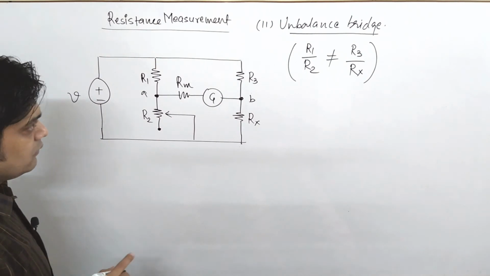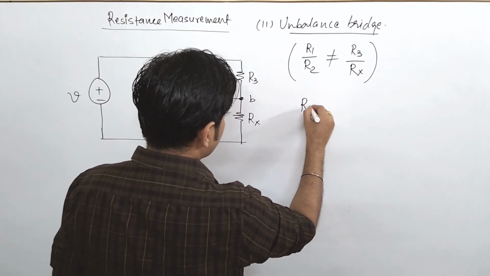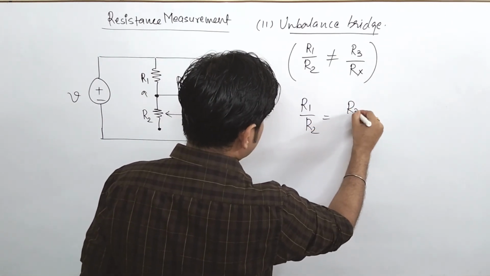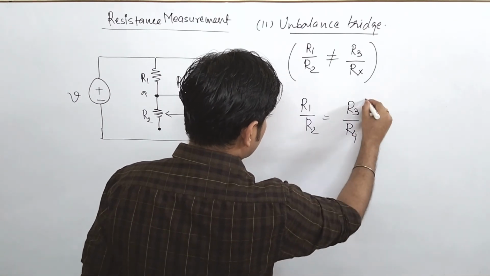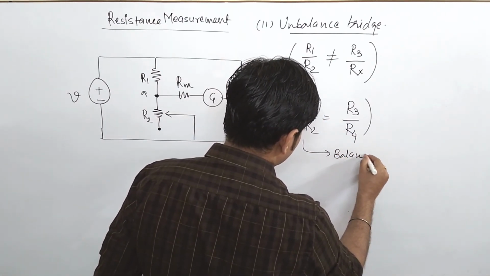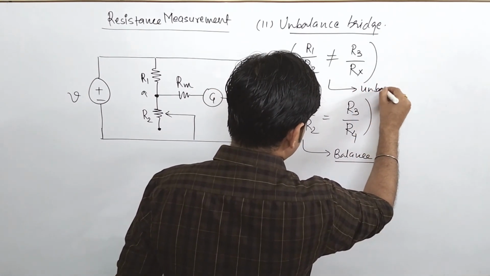In my previous video, I think I had not written that value. There, R1 upon R2 was equal to R3 upon R4. This condition is for balance and this condition is for unbalance.